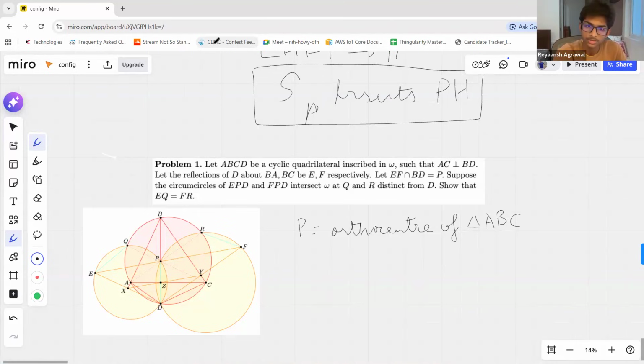Why would that be? It looks like it. AB is the perpendicular bisector of DE and AZ is the perpendicular bisector of DP. Sure, A is the center of circle DPE. Okay, so then what can we say about Q?